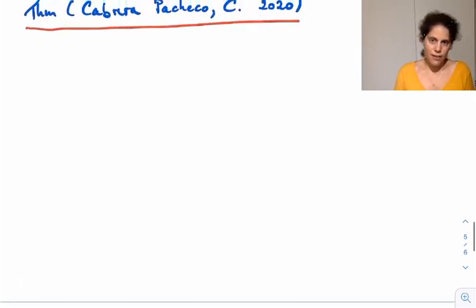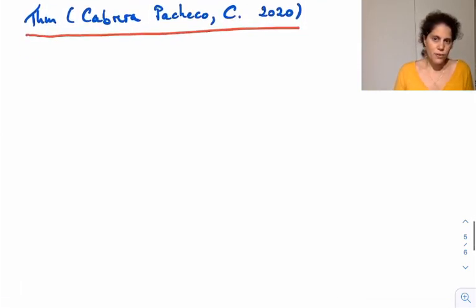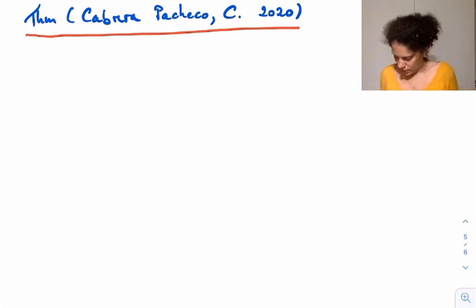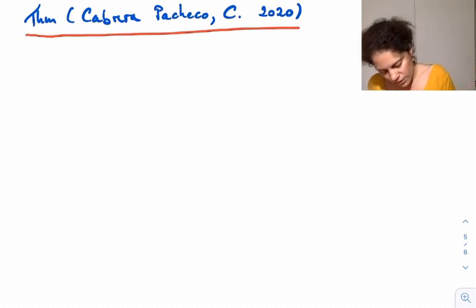Now we have all the ingredients together for the theorem I would like to talk about today. And this is by Cabrera-Pacheco and myself from this year. And it goes as follows.